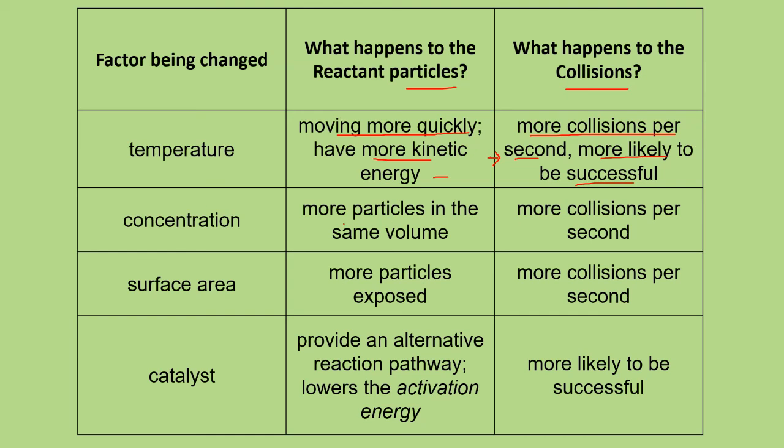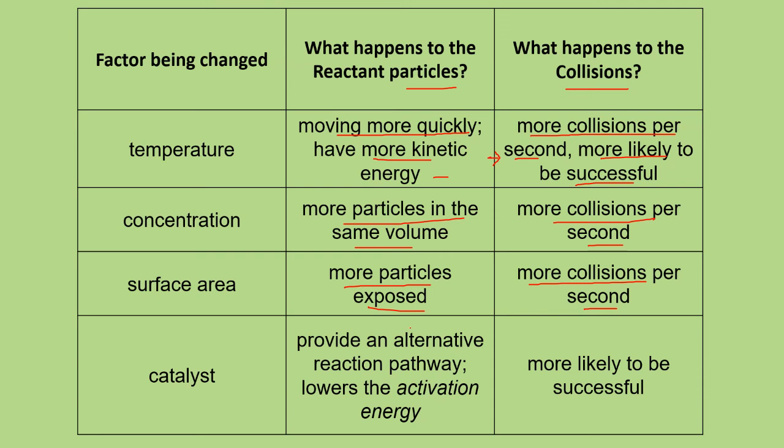In concentration, there are more particles in the same volume. So the particles are closer together, and so there will be more collisions per second. You can also talk about particles per unit volume. Surface area means there are more particles exposed, and so therefore there will be more collisions per second.